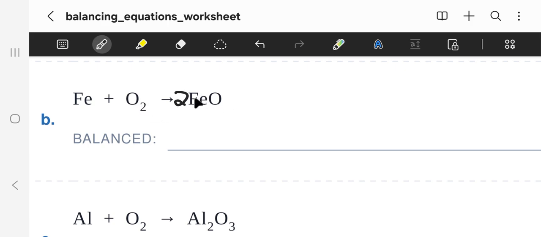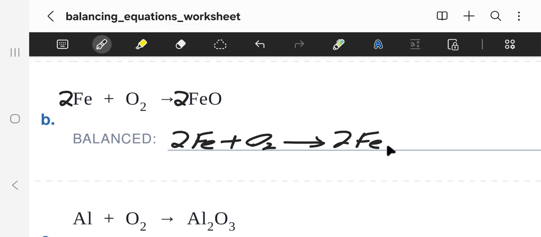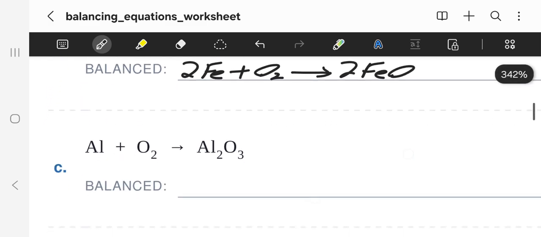But with the iron, iron has 2 on the right but 1 on the left, so I have to put a 2 there. So now I have 2 irons on the left, 2 irons on the right, 2 oxygens on the left, 2 oxygens on the right, and then I can write the final equation, and now it's going to be a balanced equation.